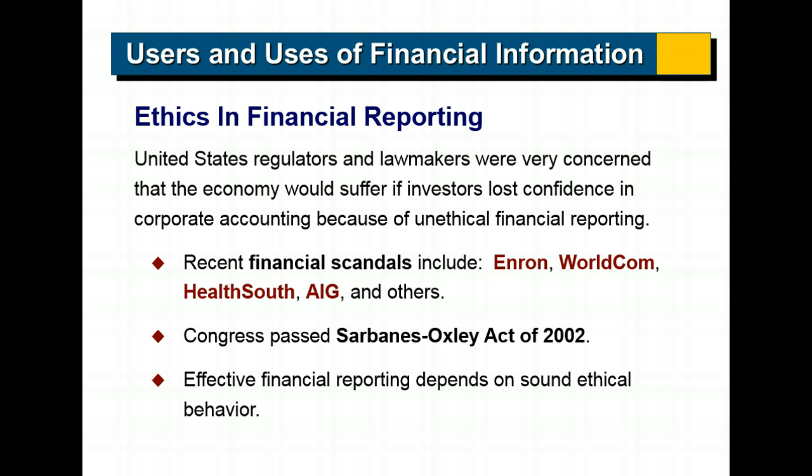They required much more accountability and an understanding of internal controls. There was a lot of sweeping reform that passed. So why did that pass? It happened because of all the wrongdoing.